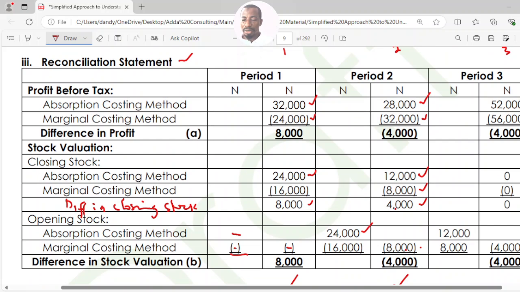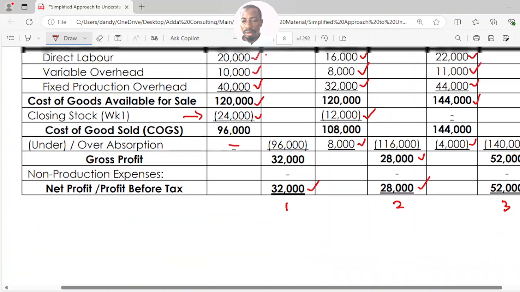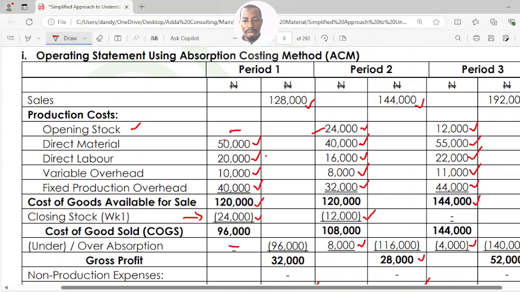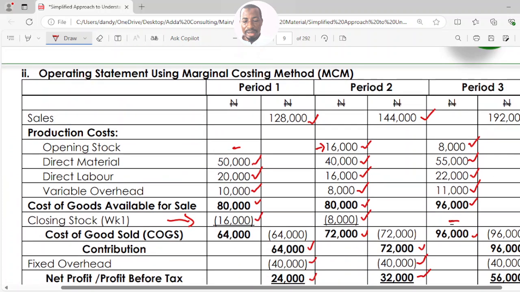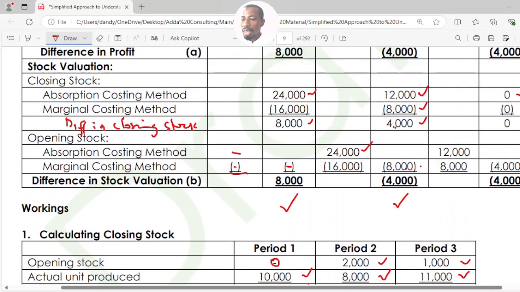In the third period, closing stock is nil. There was no closing stock. That's why you put 0 there. Then under marginal, what do we have as closing stock? Under marginal, closing stock is also nil. Nothing is there. And that's why you are seeing this 0 here also. 0 minus 0 will give you 0.